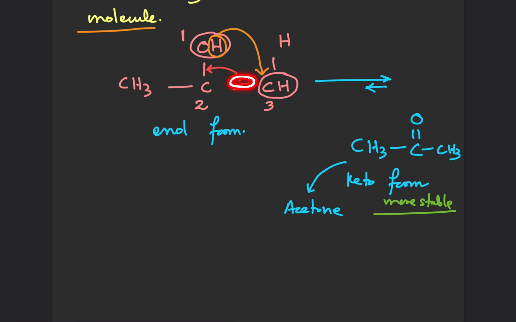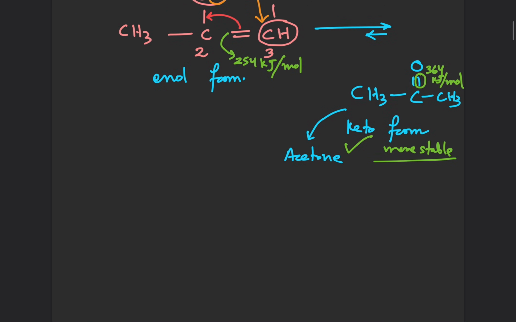Remember, this was the bond initially. The strength of this bond is 254 kilojoules per mole, and the strength of the new bond that we formed, this one, is 364 kilojoules per mole. That's why the keto form is more stable. So ultimately, this is our X. X is nothing but acetone.